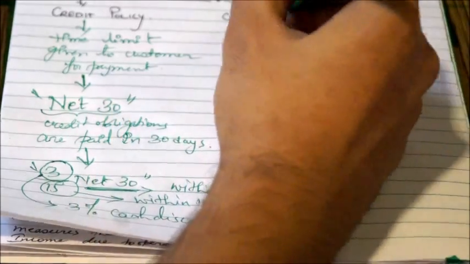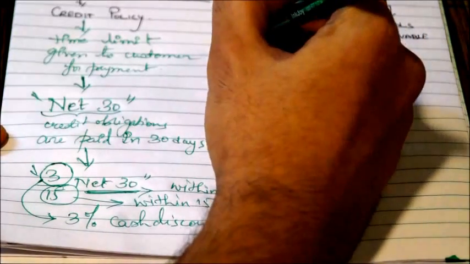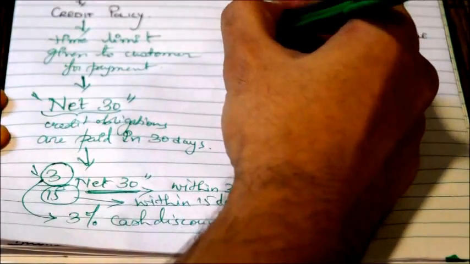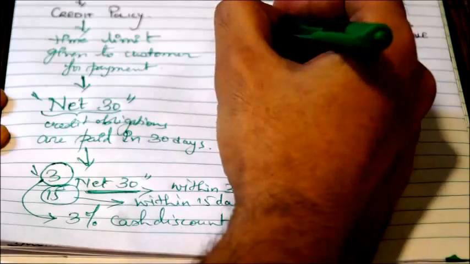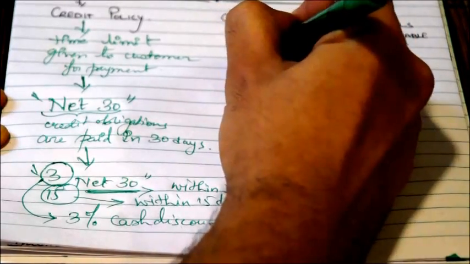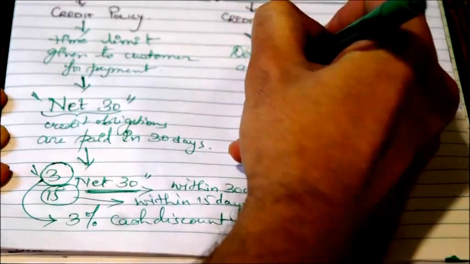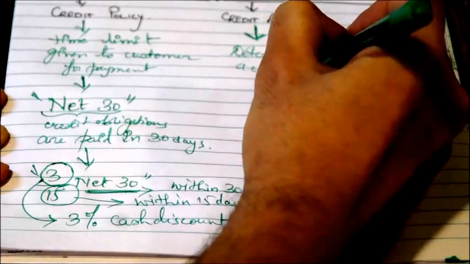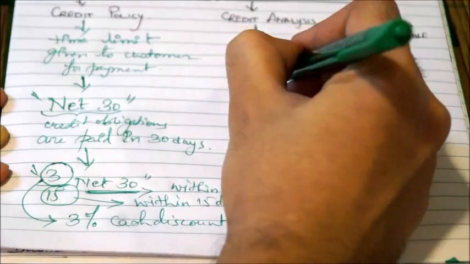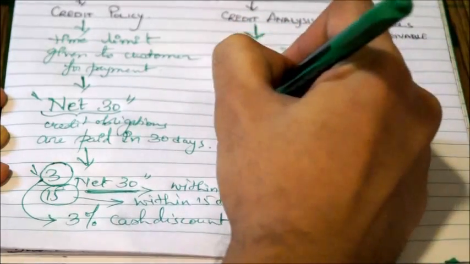The next aspect of the management of debtors is credit analysis. A credit analysis is determination of how risky it is to give credit to a particular party. So can I say this is determining the credibility of a particular party being your customer.